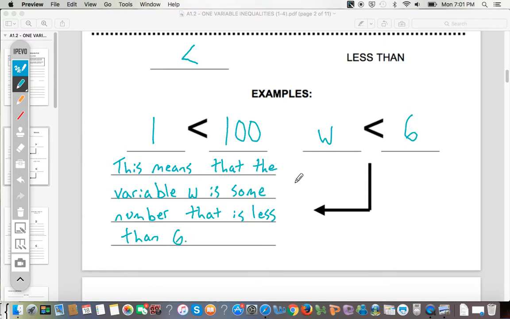So again, some numbers that w could be are 5, 4, 3, 2, 1, 0, or any negative number, because all of those numbers are less than 6. Great.